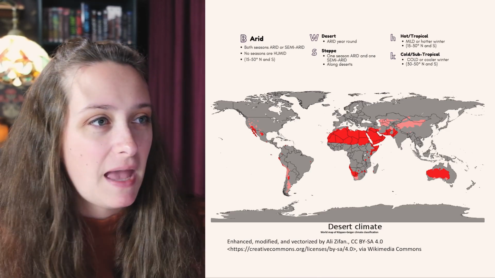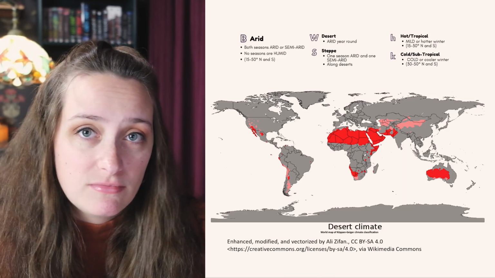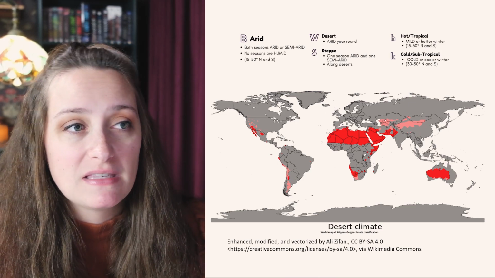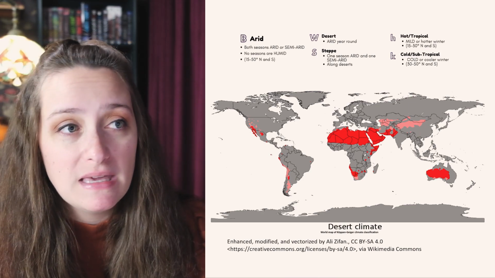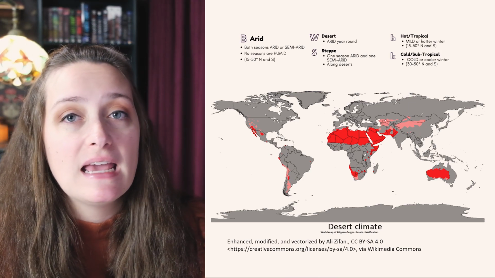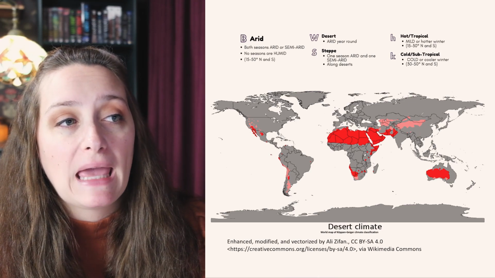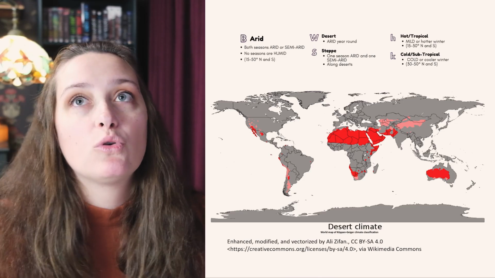And then we go from H, hot or tropical, and K, which is cold or subtropical, and that's just basically how cool the winter is. So hot or tropical means the winter does not get any cooler than mild. And for K, subtropical, it's cooler than that, right?